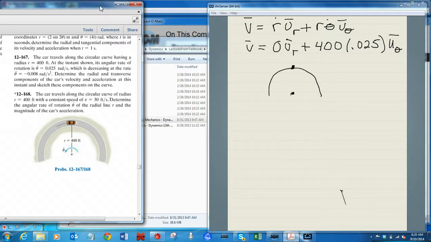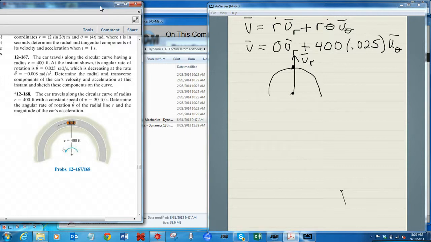How do I find it? What do you do first? Draw the arc. First thing you do is the arc. When you get good at it you just know what it is, but until you get good at it, step one, draw the arc. There's the R. That's U_R.